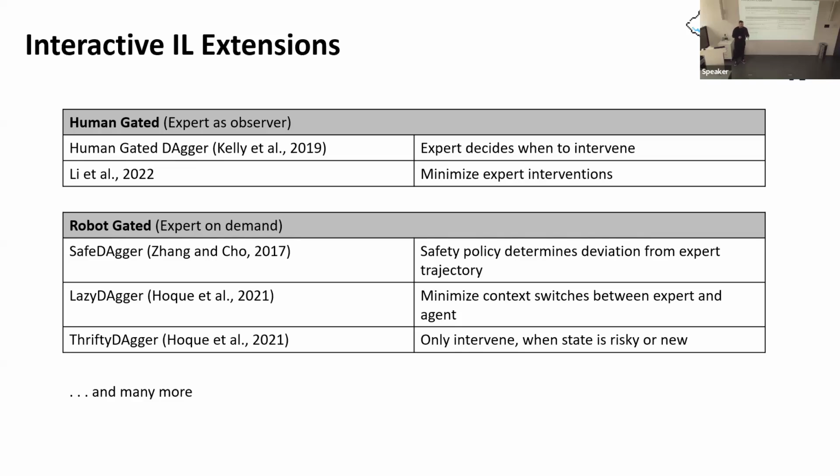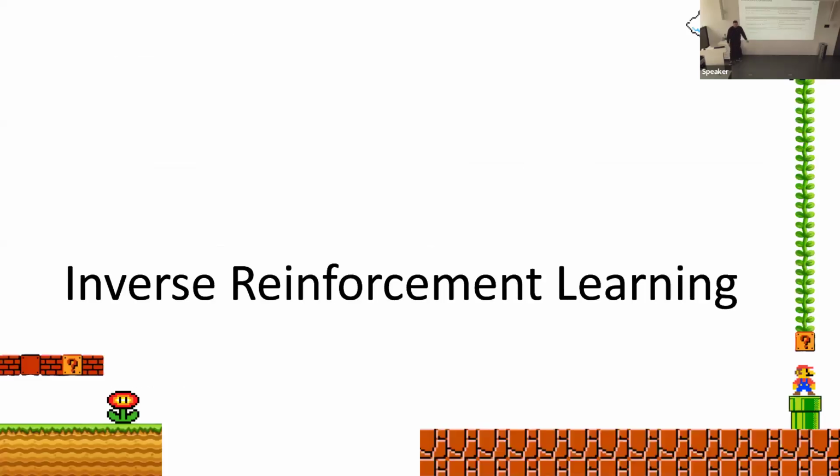So the expert only intervenes when the agent reaches a state where some critical failure could happen. Robot-gated, on the other hand, asks the expert explicitly for advice if it reaches, for example, a critical failure state.